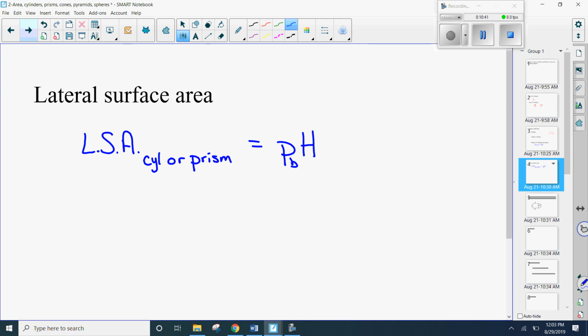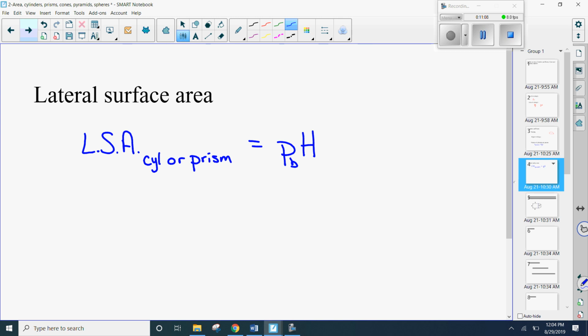Out of this triangular prism, the white note card is your lateral surface area. If I were to open it up, you still have a rectangle, right? So to find this length right here, what would it be? The sum of the sides. So that's perimeter times the height.